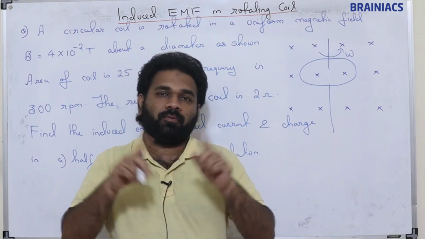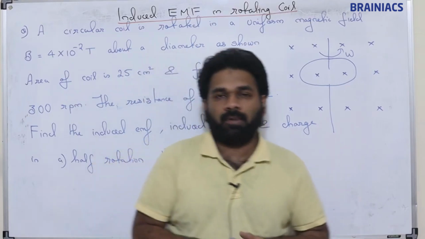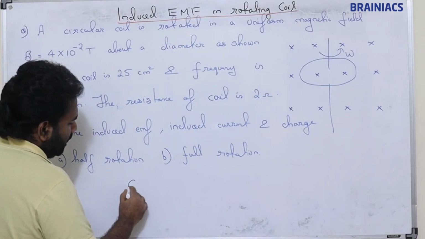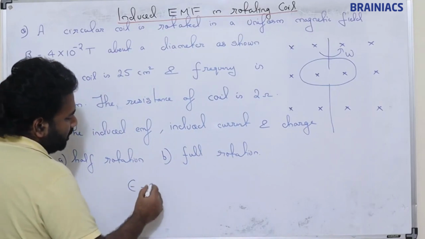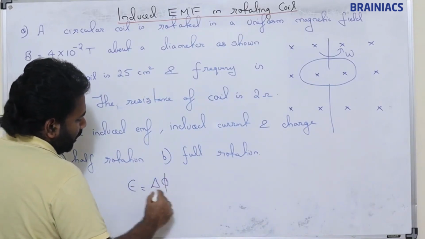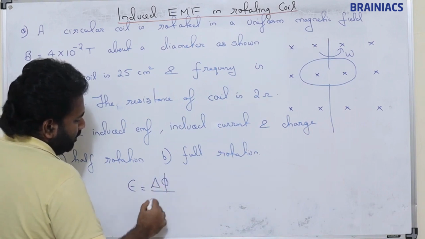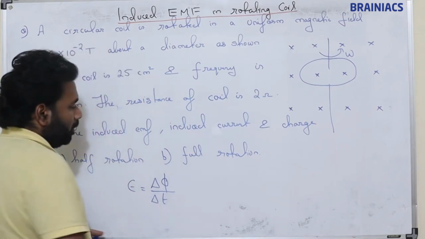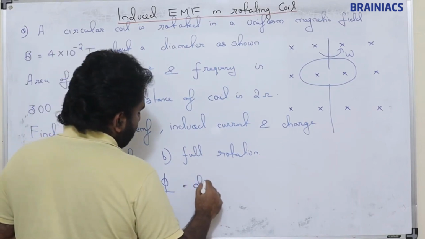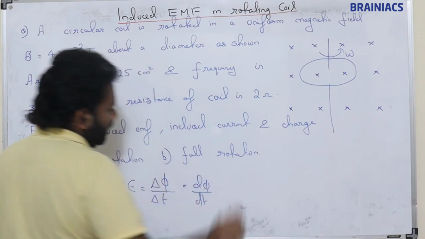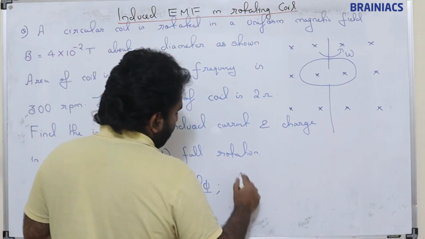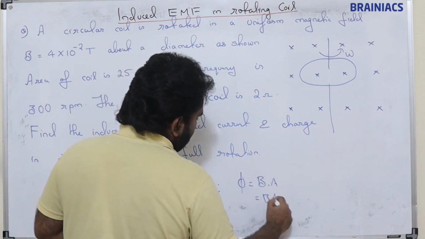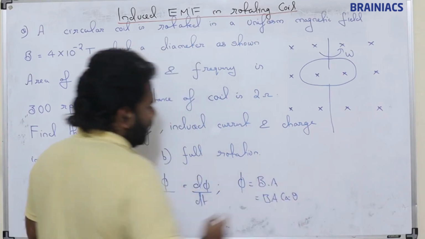If it is a closed circuit, there will be current passing through it. So the induced EMF is equal to the change in flux in a time duration, that is E = d phi by dt, and this phi is nothing but B dot A, that is BA cos theta.